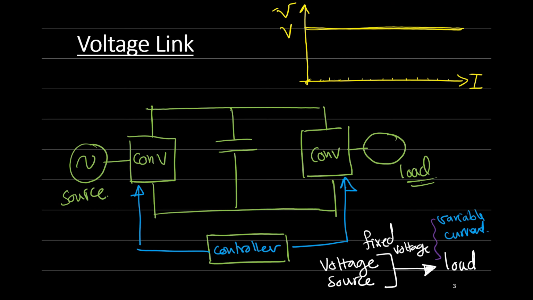You can support many applications like DC or AC motor drives. You can supply power supplies, regulated DC power supplies, high frequency AC systems, induction heating, isolated DC power supplies, and so on.